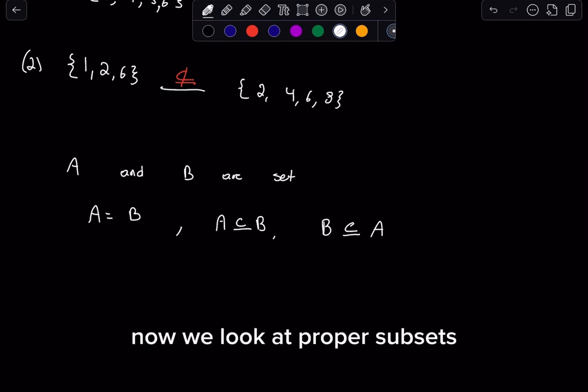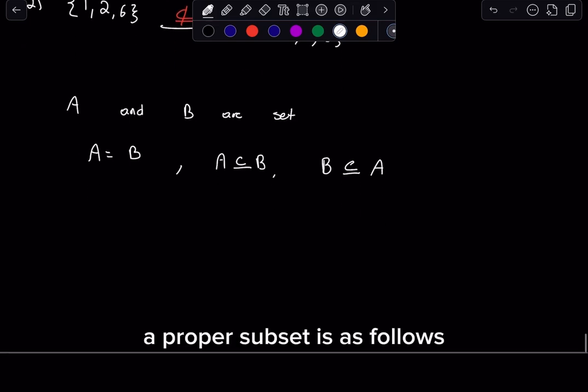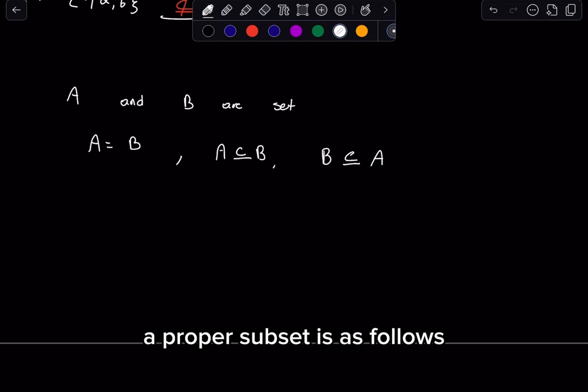Now we look at proper subsets. A proper subset is as follows.